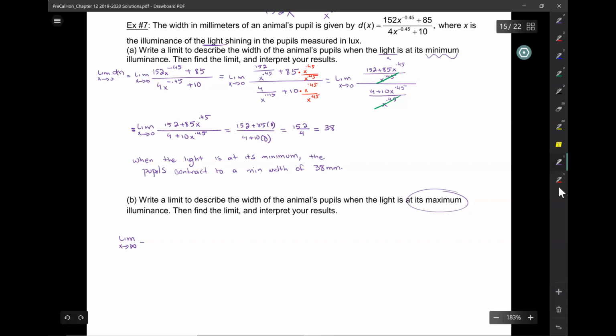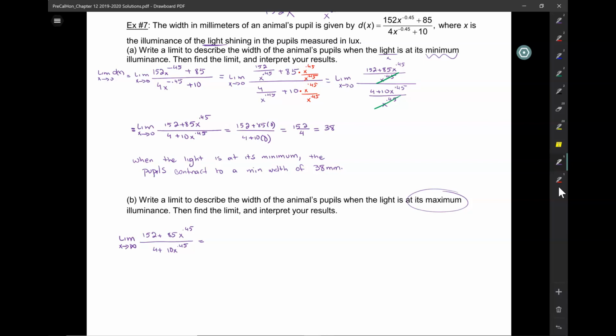I'm just going to use the most simplified version, which is this 152 plus 85 x to the 0.45 over 4 plus 10 x to the 0.45. Isn't that cool? That's so cool. All right, so now let's take a look for a minute. This is the limit as x approaches infinity.